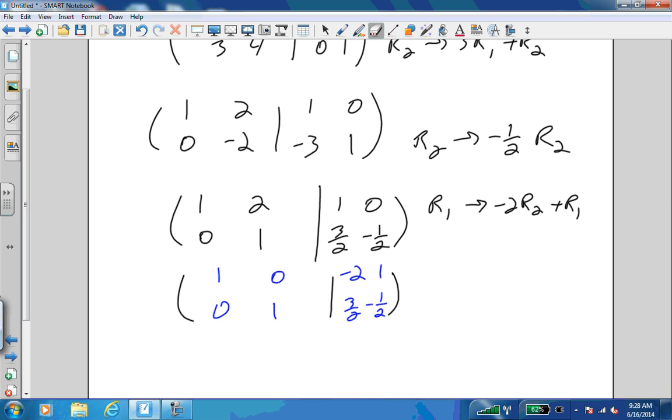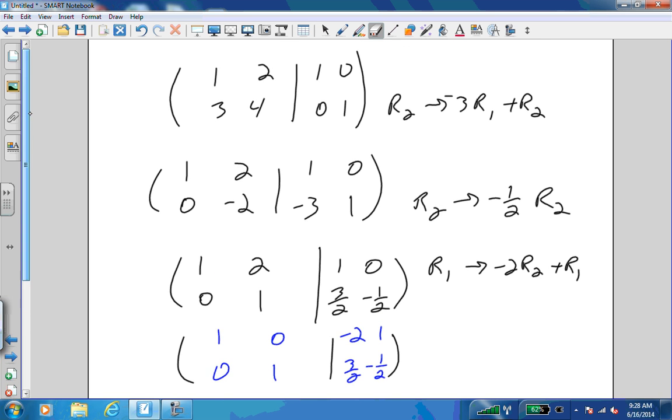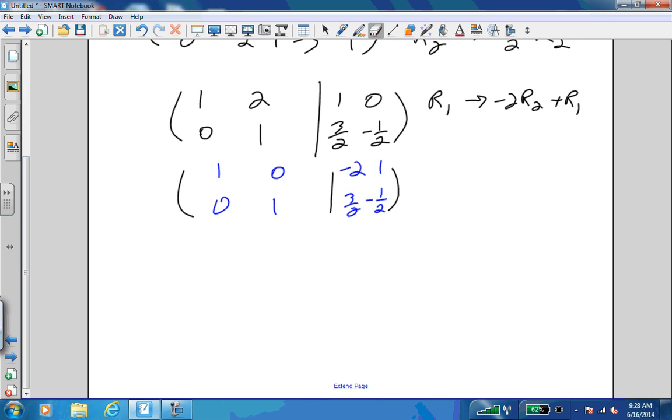So we showed that this matrix has an inverse. Now they want us to write our matrix as a product of elementary matrices. So we need the inverse of the first matrix, the inverse of the second elementary one.